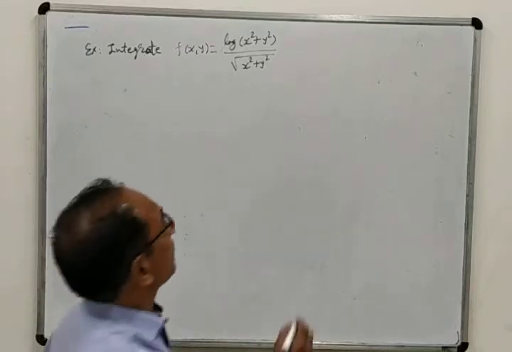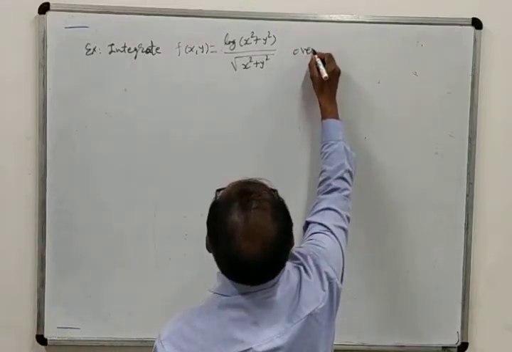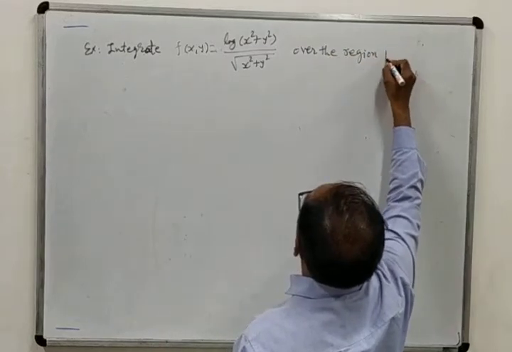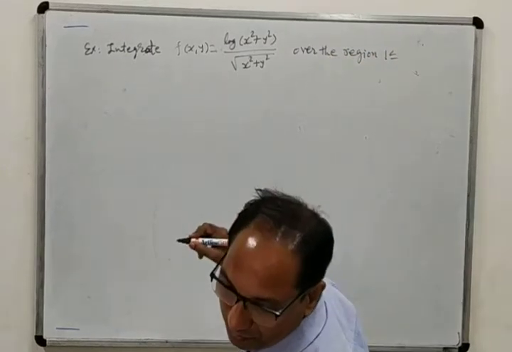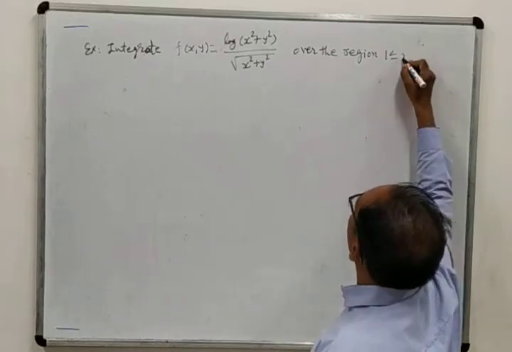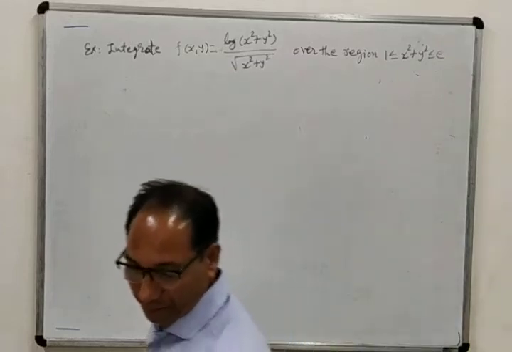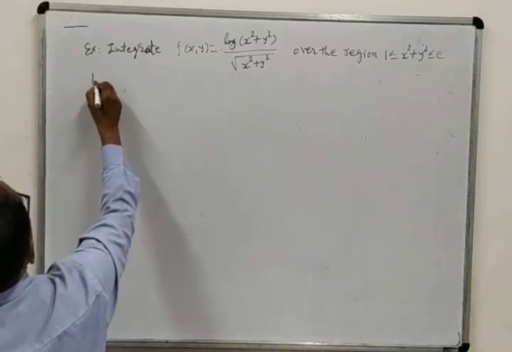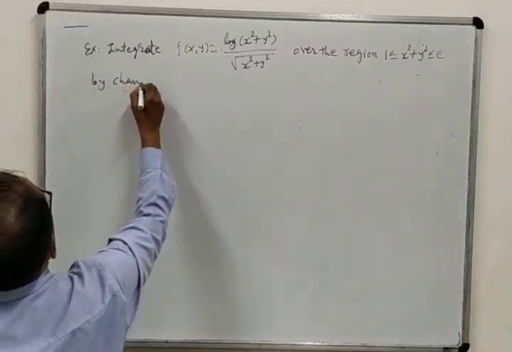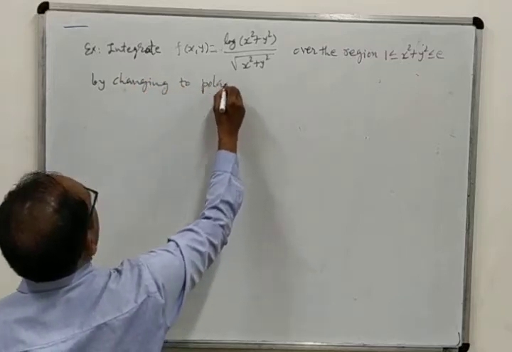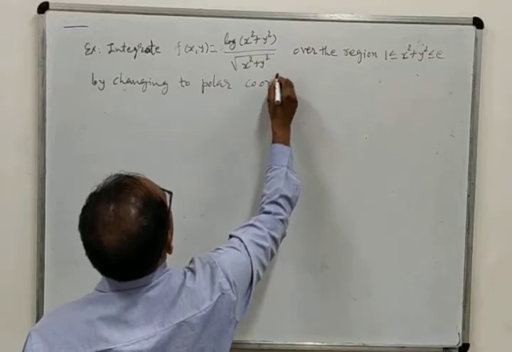over the region 1 less than or equal to x square plus y square less than or equal to e, by changing to polar coordinates.